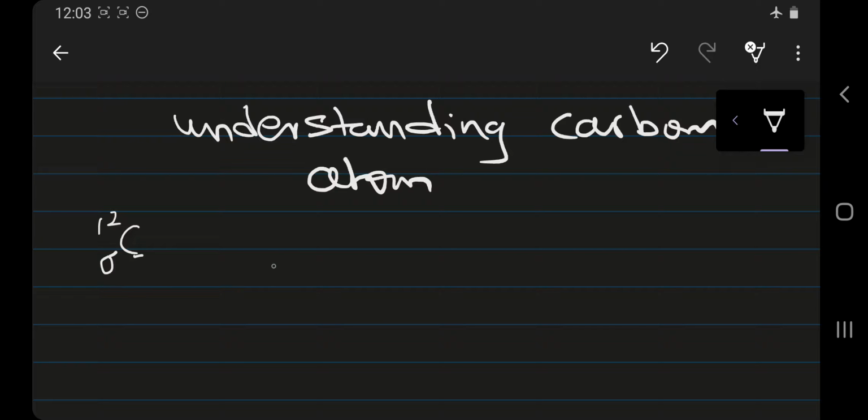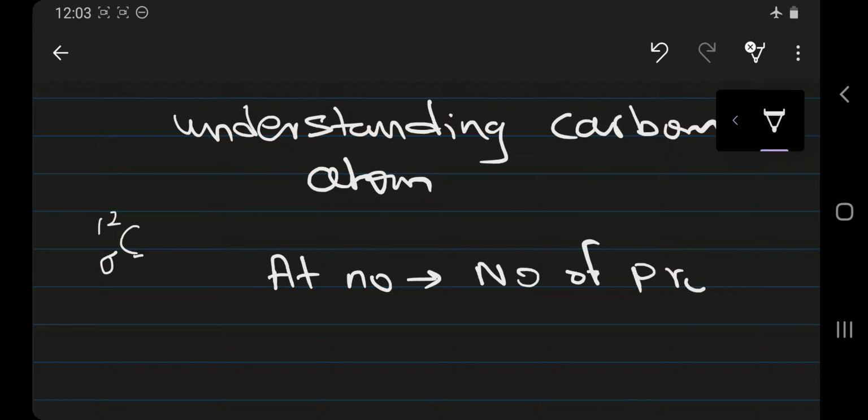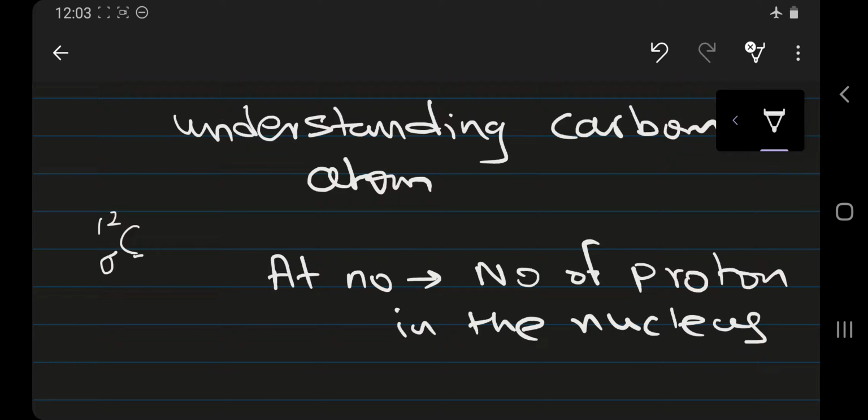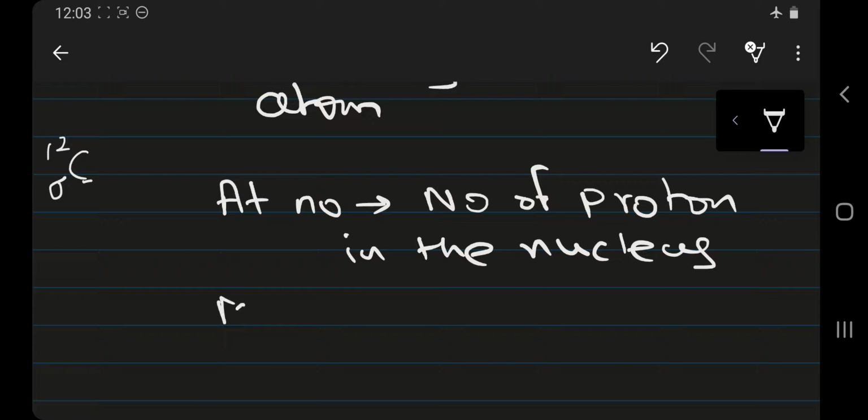Atomic number is the number of protons in the nucleus, and you can call atomic number as the number of electrons outside the nucleus also. So there are two definitions: number of protons inside the nucleus or number of electrons outside the nucleus.